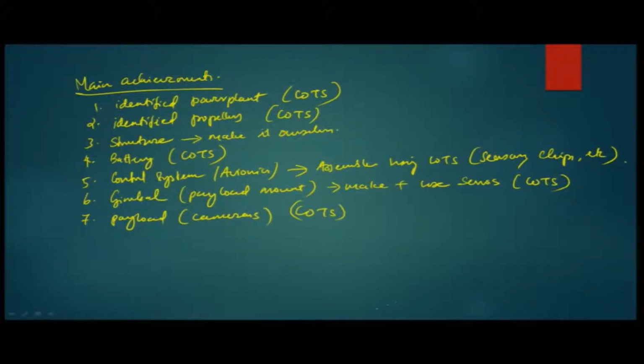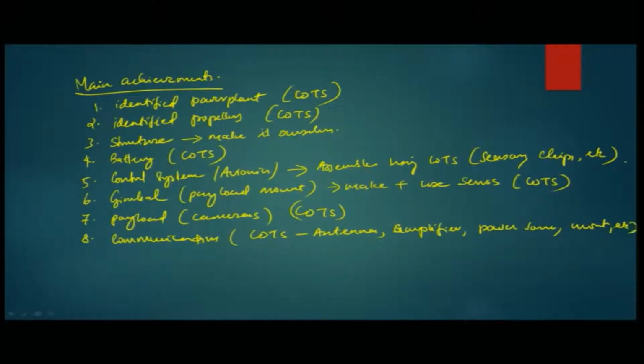We are not in the process of making cameras. Then was the communications, again COTS: antenna, amplifier, power source, mount, etc. These were all procured directly commercially off the shelf.